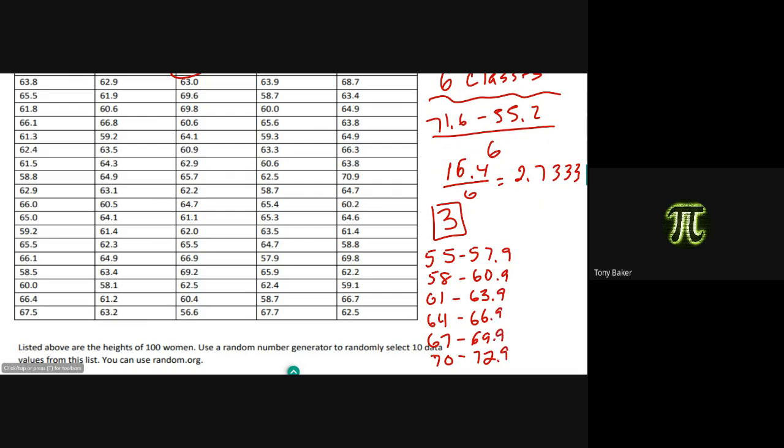I would include it in that one previously because these have decimals in them, so we have to include that decimal piece. That's why I said technically you could have used 2.8 as your class width. We did not have to go to 3 and make it a whole number. We're going to talk about how to deal with that in a second.